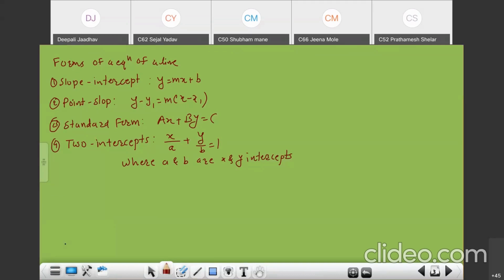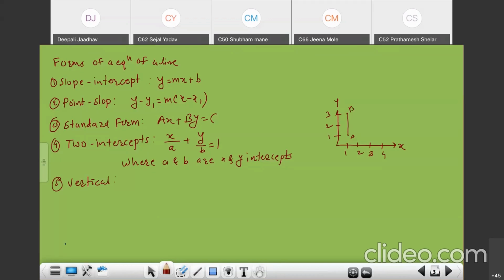Next is the vertical line. Vertical line means what? See, like this. Suppose this is x, this is y. I draw a line from here to here. Suppose this is the starting point, this is the end point.